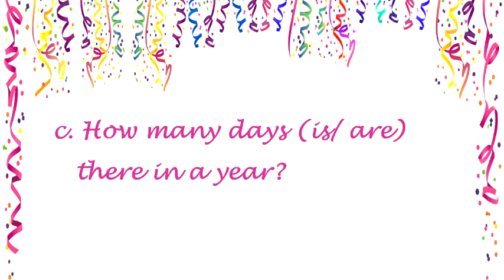Yes, accordingly we will choose the verb. Are is our answer. Why? Because days is the plural subject and a plural verb will come. Right? When we have a plural subject, we have a plural verb. That is why it is called subject verb agreement. Okay.